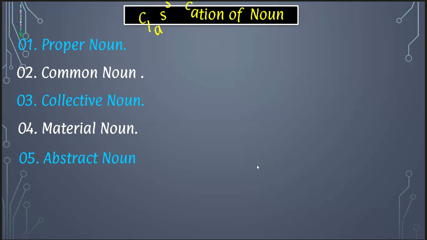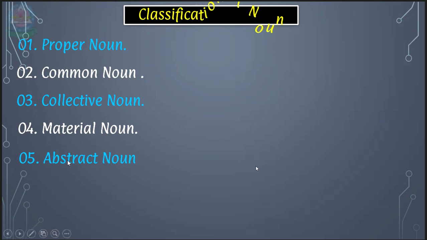On the basis of visibility, the first 4 types are visible, I mean concrete noun. And the last one, I mean abstract noun, is not visible. And on the basis of countability, how many types are countable and how many types are non-count, I mean uncountable? Can anyone tell me, please?